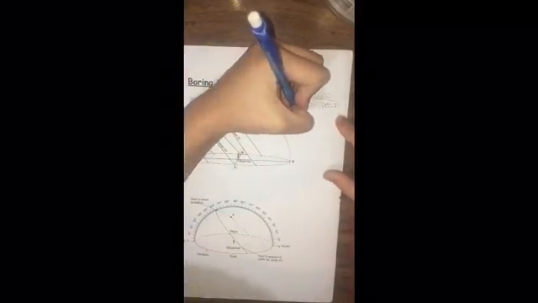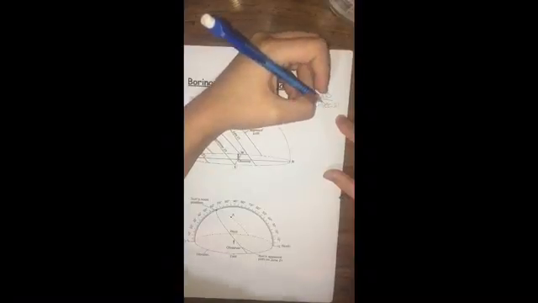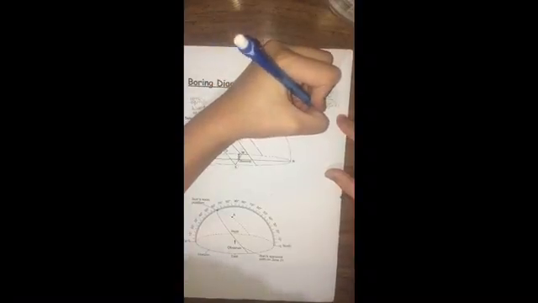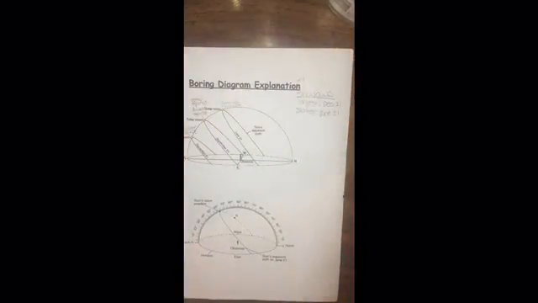Shadows will be shortest on June 21st, because the angle of insolation will be higher.